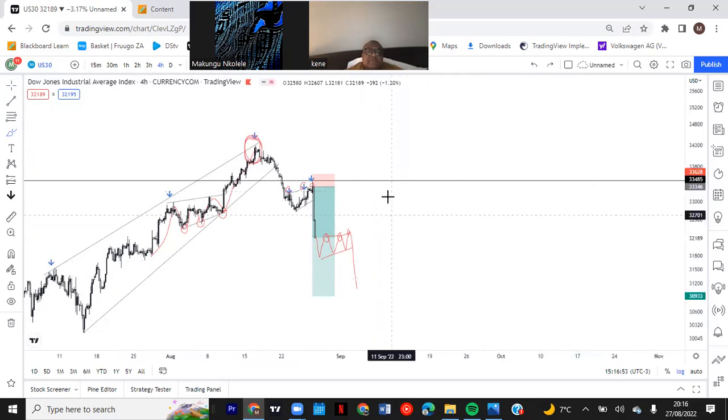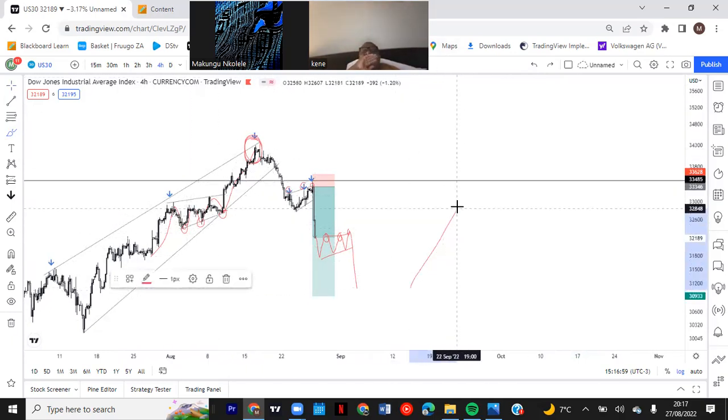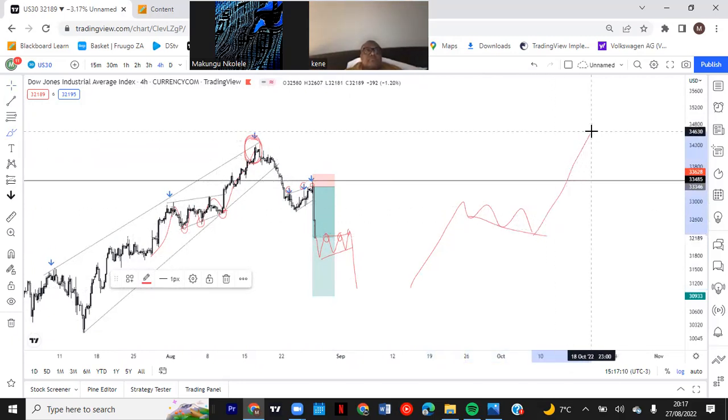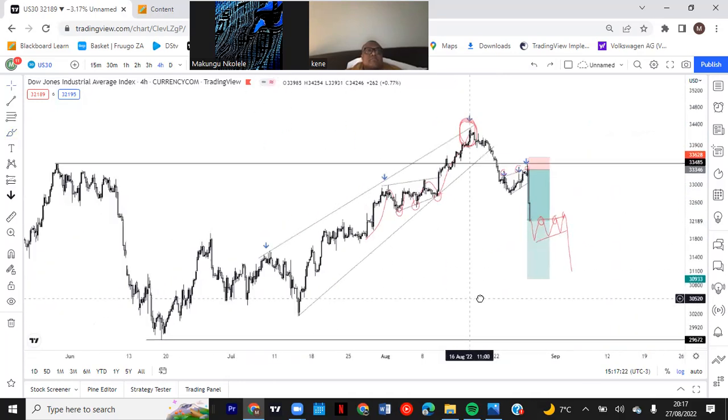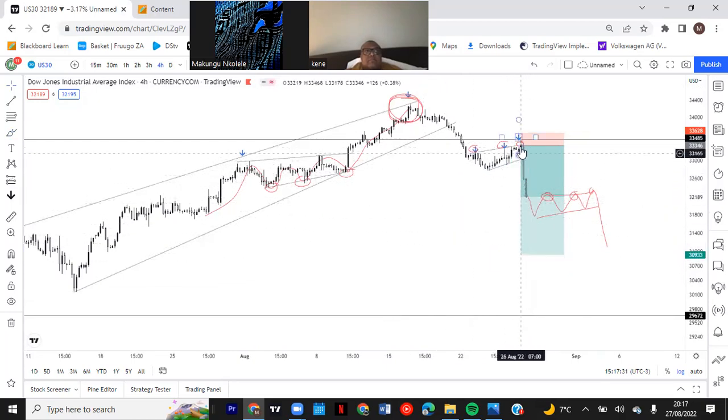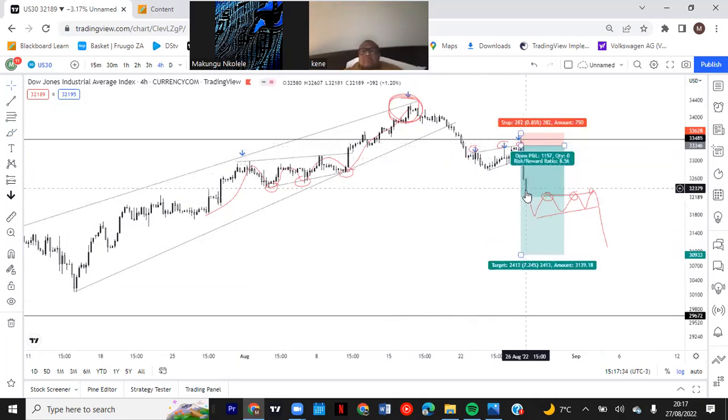You need to spot your impulse and determine your correction with the 1 2 3 touch formation so you can catch the upcoming impulse. Are you following? Yes, I'm following. Good. So you're going to witness the next impulse, I mean the correction, because right now with this one you can see we are having a nice deep impulse to the downside.